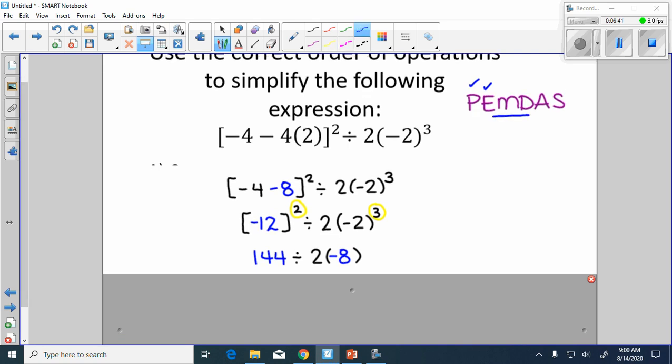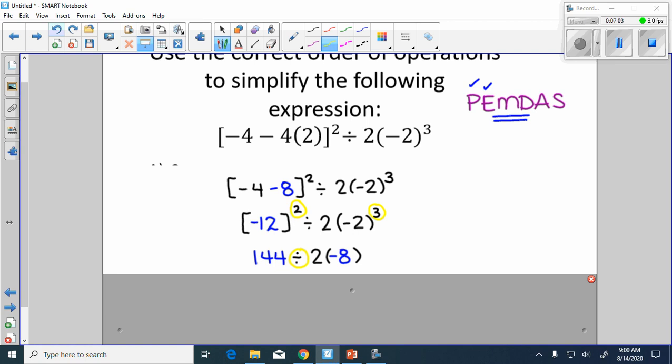Remember, when we're doing multiplication and division, we go in what order? From left to right, which means even though a lot of you will look at this 2 times -8 and say, well, I'm just going to call that 16 and go on, the correct path to take is to do that division step first.